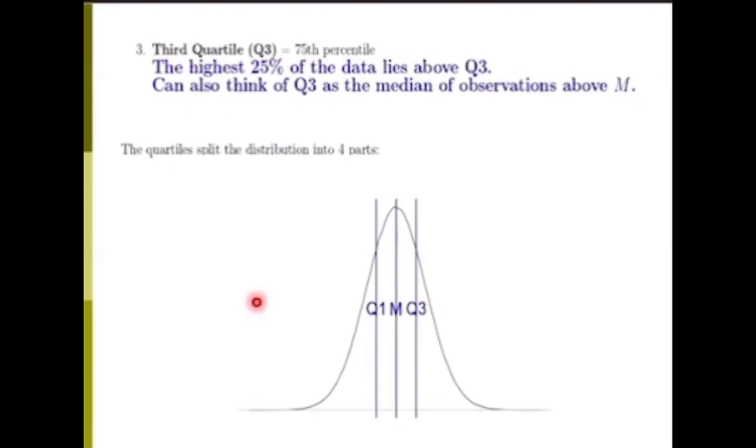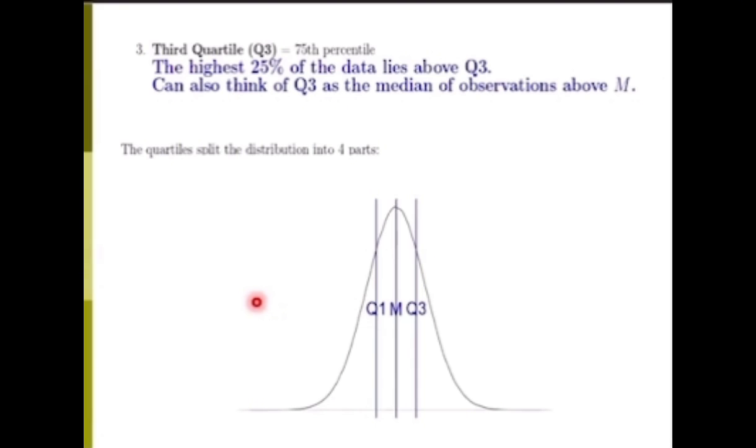If I want to know with quartiles whether the distribution is normal, there will be an equidistance. The distance from Q1 to this and Q3 to this will be the same.